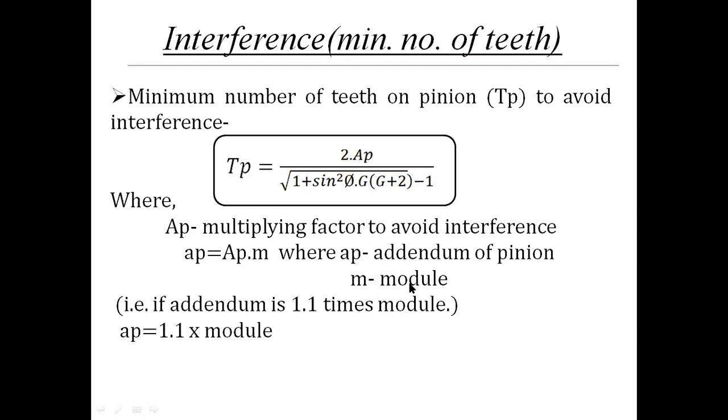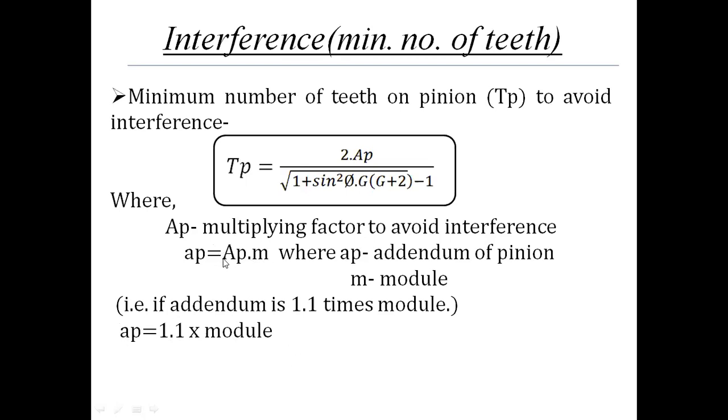Okay, now say the problem statement in the numerical is like this: the addendum is 1.1 times module, that is given in the problem statement. So the addendum small a_P is 1.1 times module, so the formula becomes small a_P equal to 1.1 into M. I am comparing these two formulas: a_P is equal to capital A_P into M, and this is what is given in the question.